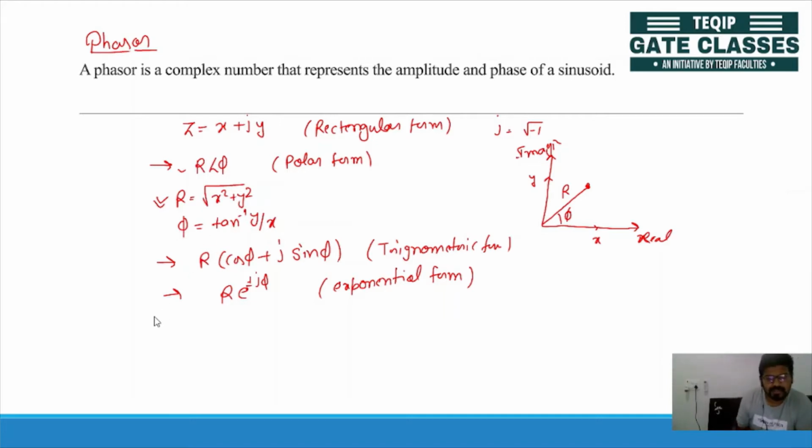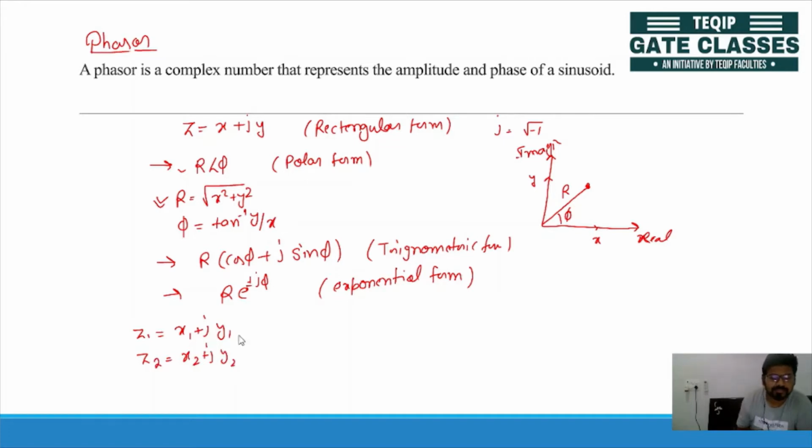So if we have two complex numbers and we have to add them, suppose we have z1 as x1 plus j y1 and another complex number z2 as x2 plus j y2.